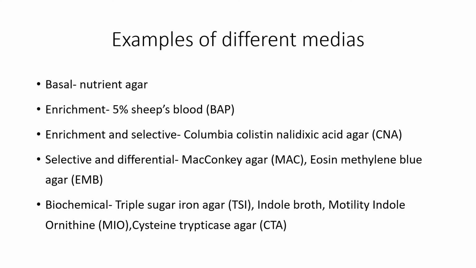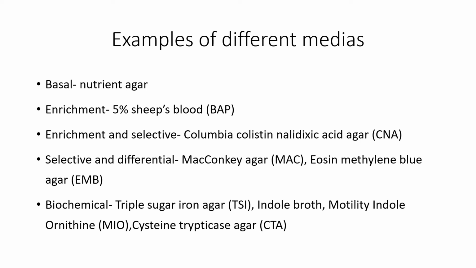So an example of a basal media would be nutrient agar or nutrient broth. An example of an enrichment media would be 5% sheep's blood, also known as BAP. We have enrichment and selective, and one example of that would be Columbia colistin nalidixic acid agar, or CNA, that happens to be selective for gram-positive organisms.